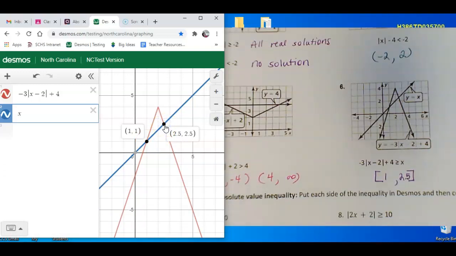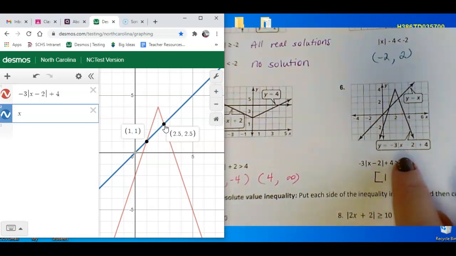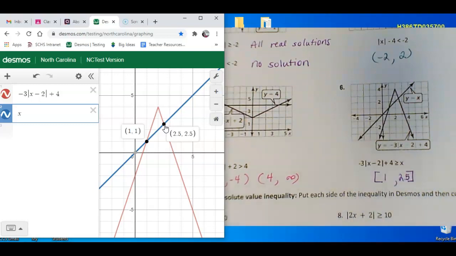You can't click on it whenever you put in the whole thing. So if you're not sure exactly what is that value where it's intersecting, is it really 2.5? Is it 2.4? Is it 2.8? You can graph each side separately in Desmos and just look for those intersections. And it's the x value. These happen to be the same, but it's the x value that you're looking for.